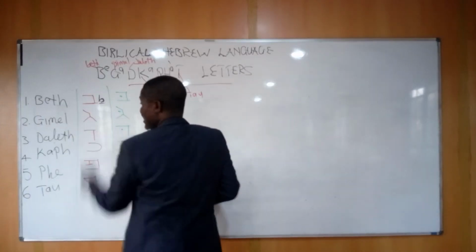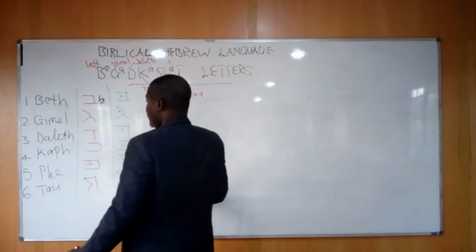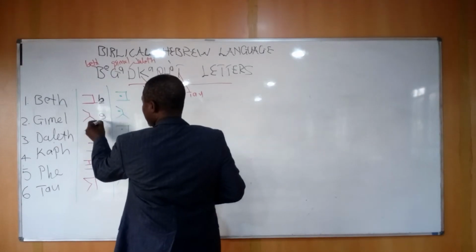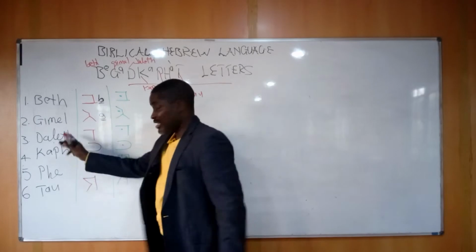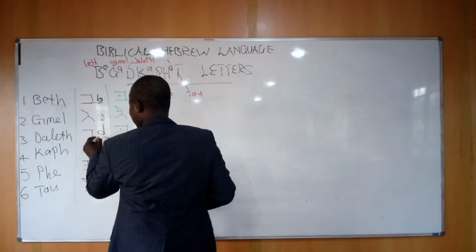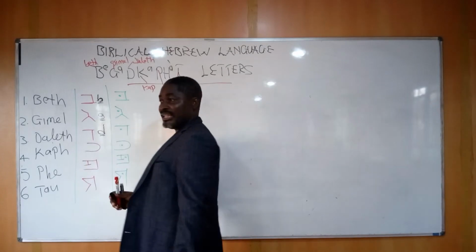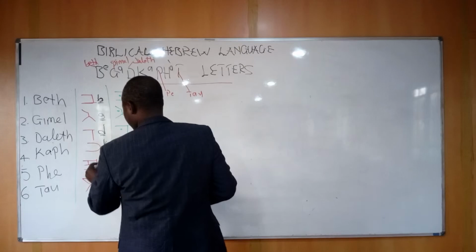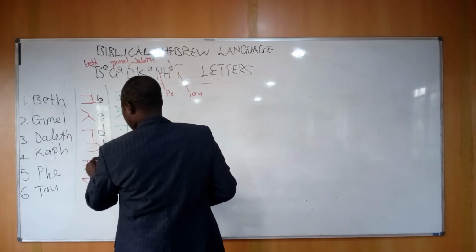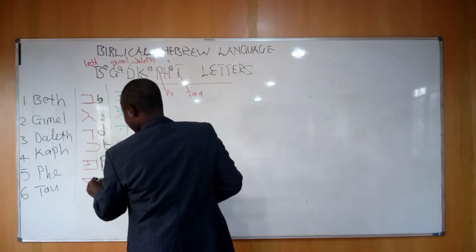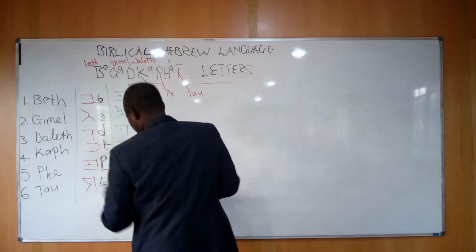When you transliterate, you make it a G, then you draw a line under. The next one is Dalet. You write it as D and draw a line under. Kaf, K, and the P, which is a P, you also draw a line under. And the Tav, which is a T, you also draw a line under.